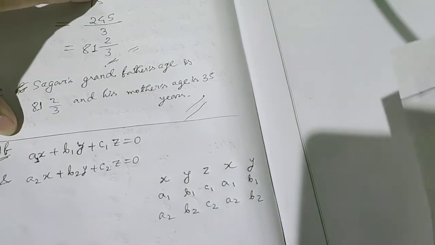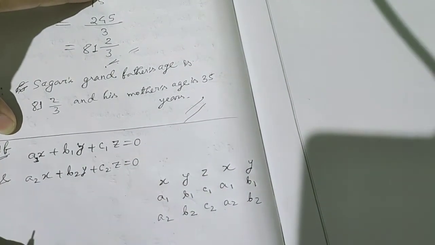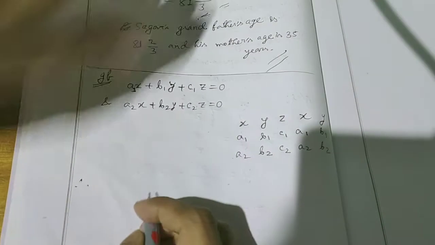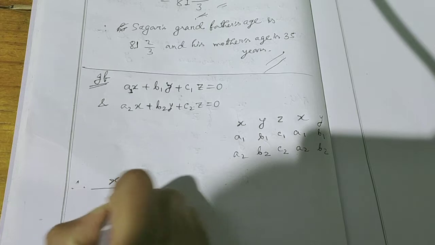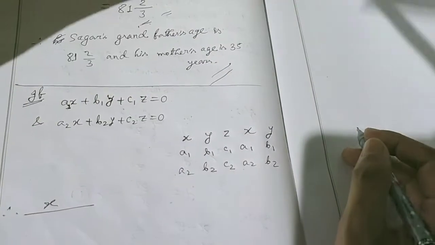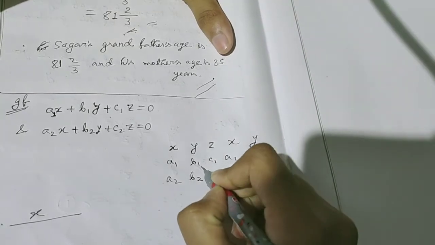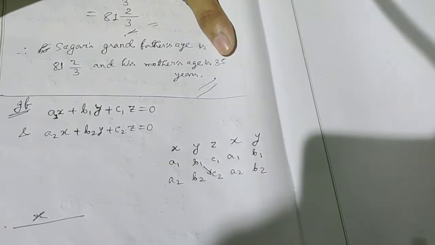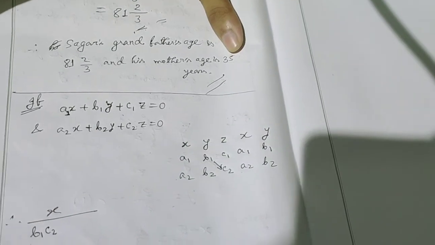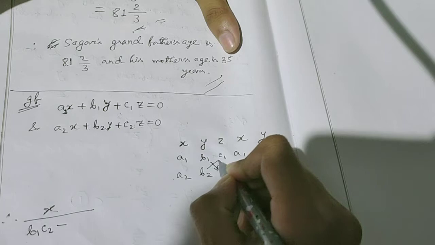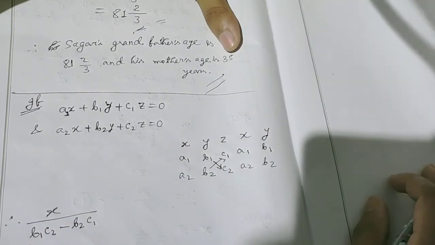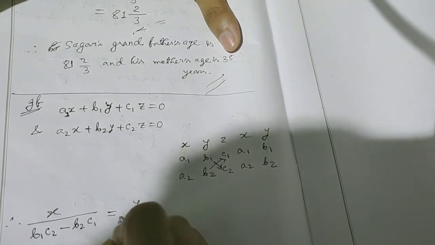Now according to the formula, if it is like this, then we can write, therefore x divided by, now for x we will write b1 into c2, b1 c2 minus this b2 c1.